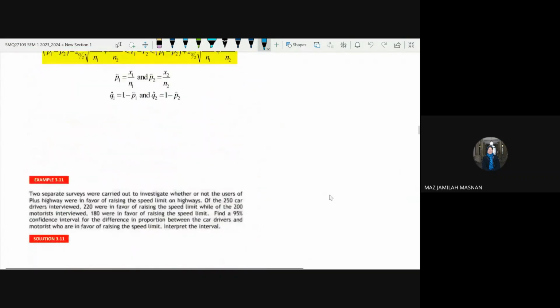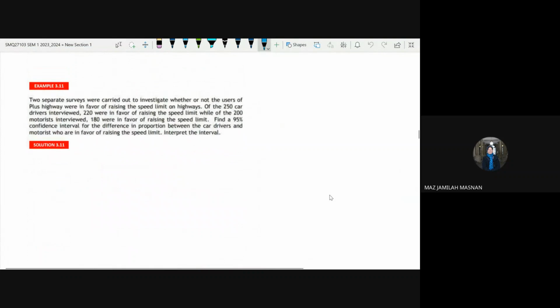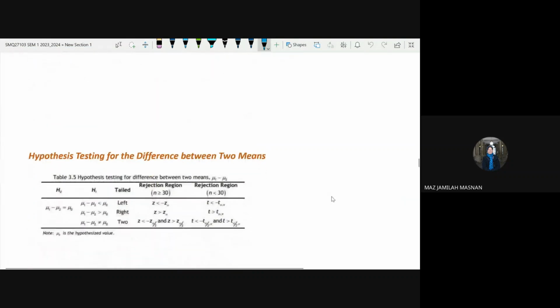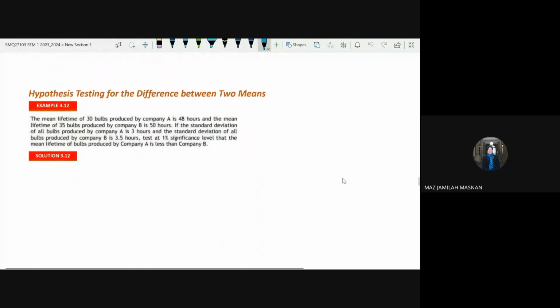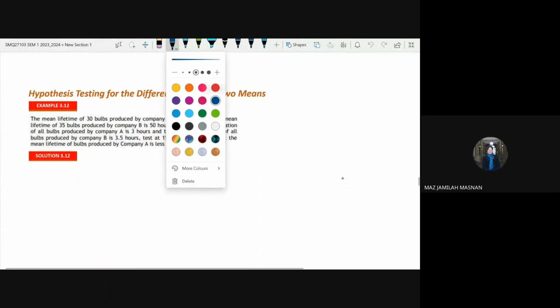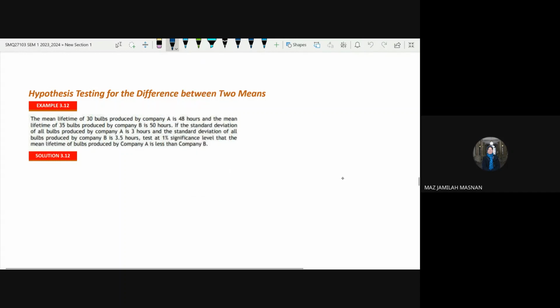Now you have this particular claim: test at a 1% significance level that the mean lifetime of bulbs produced by company A is less than company B.